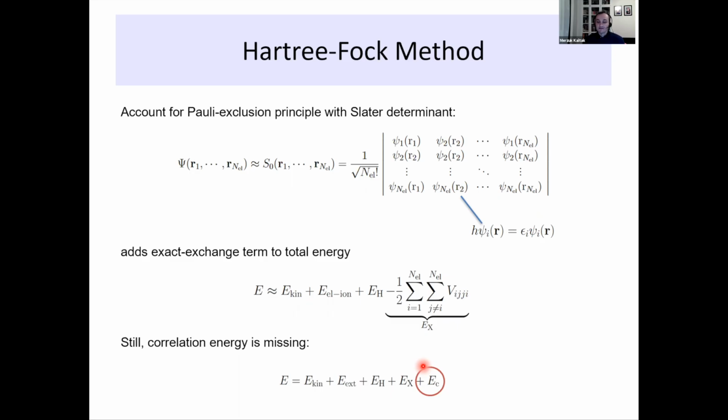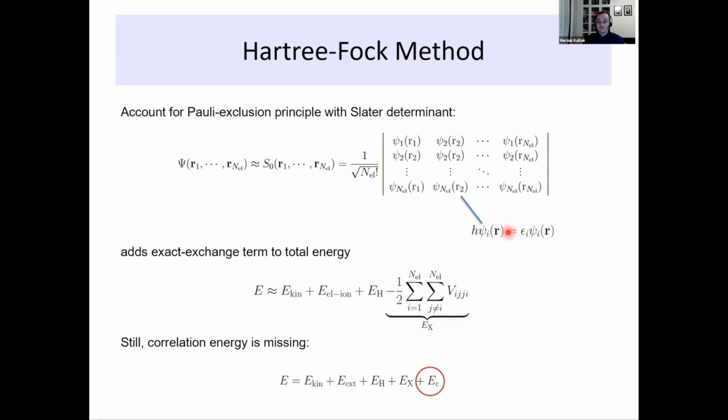For instance, the Pauli exclusion principle is not accounted for with the Hartree ansatz. That is, two electrons cannot be in the same state according to the Pauli principle. Now, the following ansatz for the wave function, also known as the Slater determinant, accounts for this principle. Here again, the one electron orbitals from the Hartree method are used.